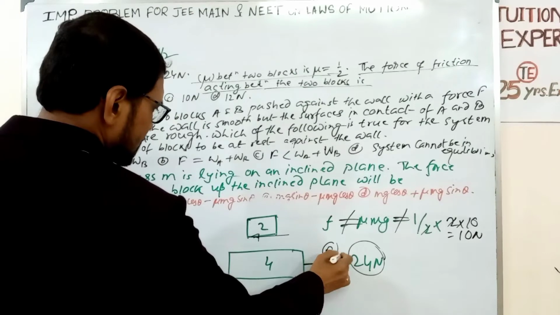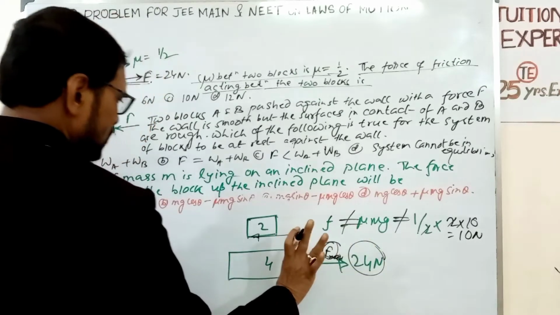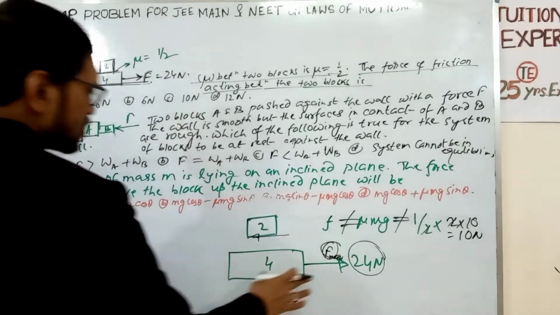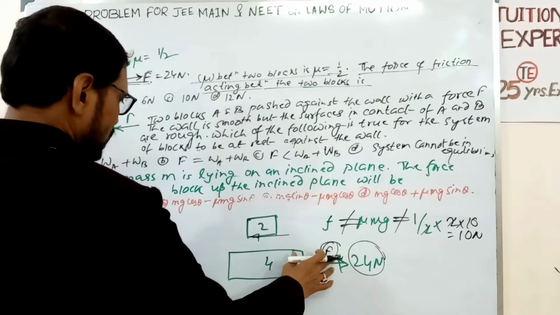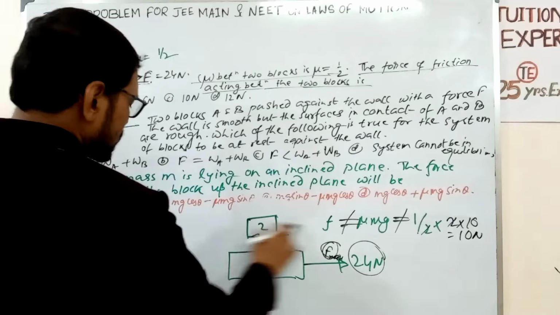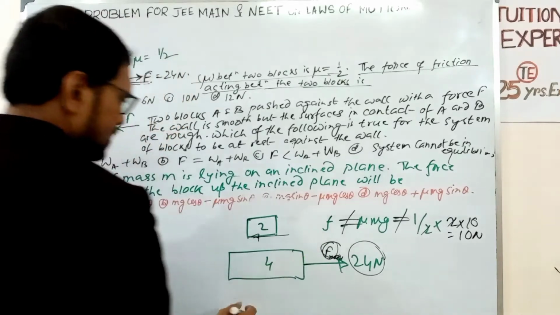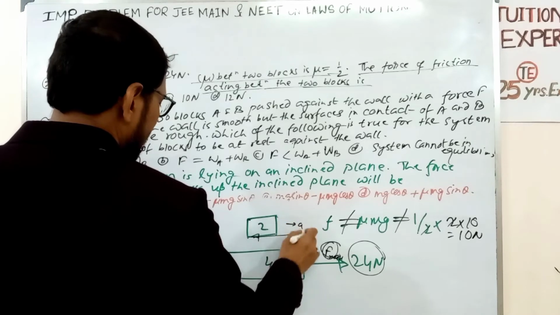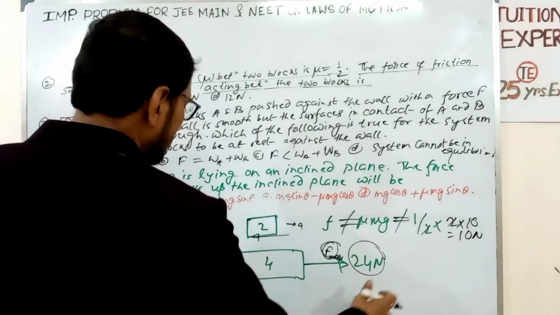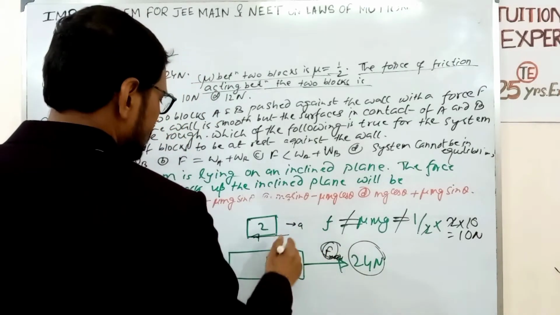Now 24 Newton is not the maximum force for which two blocks move together. Suppose we calculate the limiting value of force: up to that limiting value the two blocks move together, and after that value the two blocks move separately.